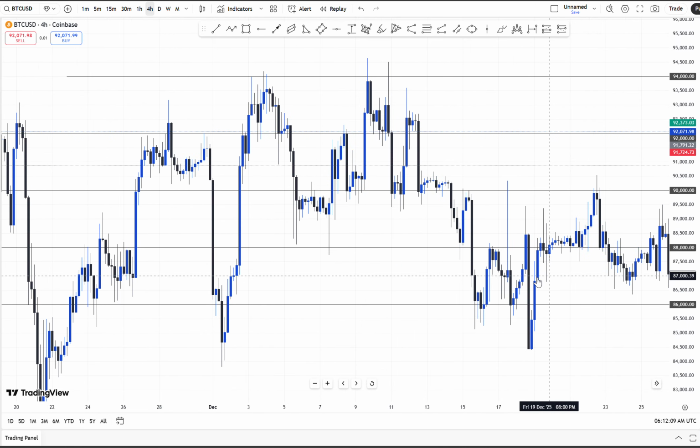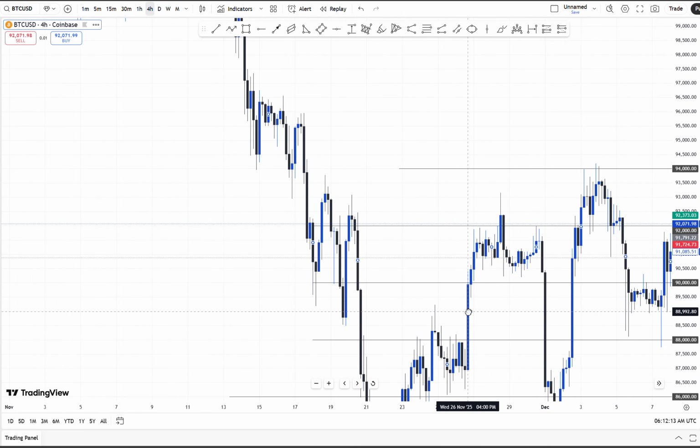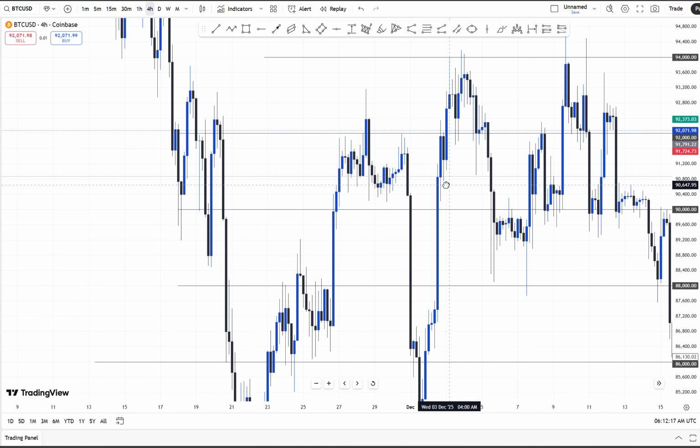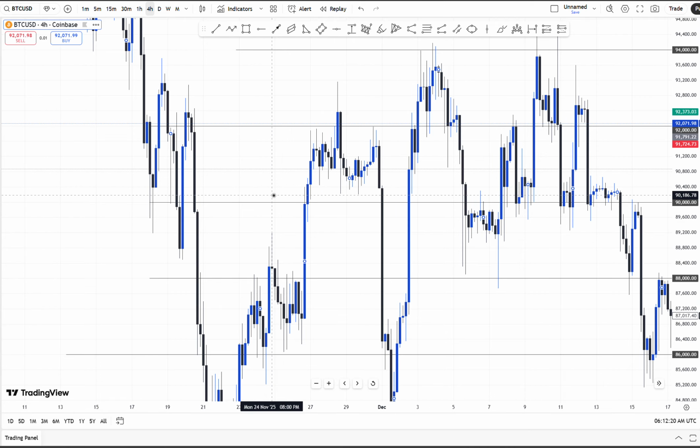So let me give you a classical example. Look at something. While the market was about to get to this psychological level, you could see there was a ranging market over here. We broke out and made a halfway move into the other region. Then we retested.